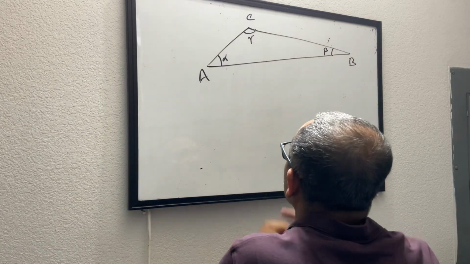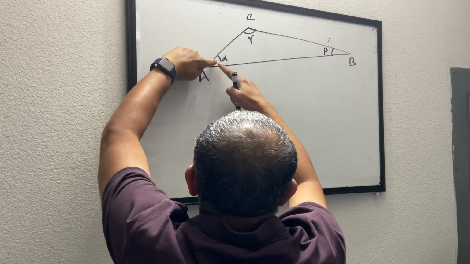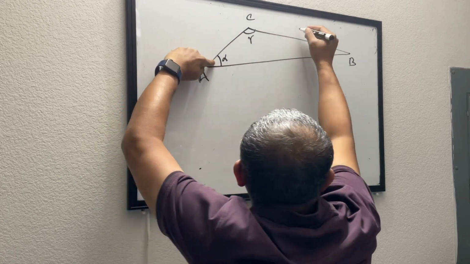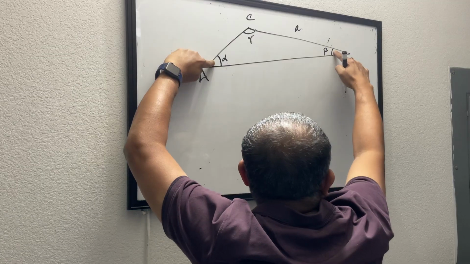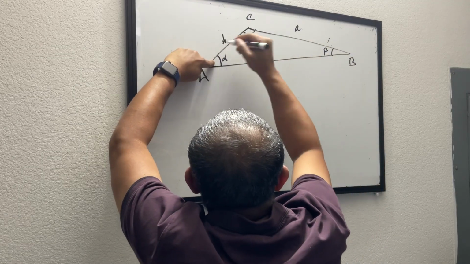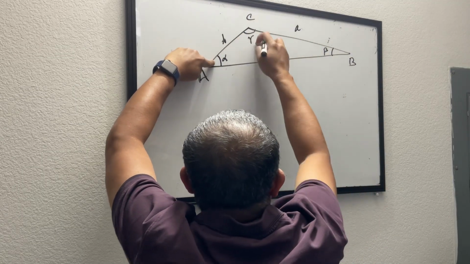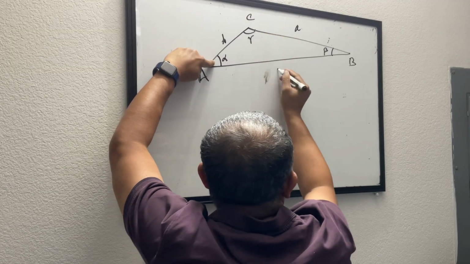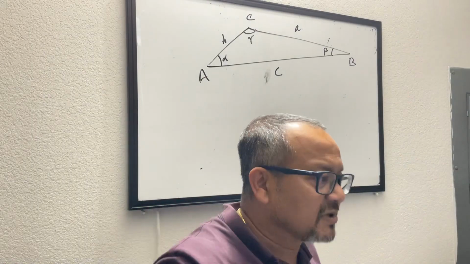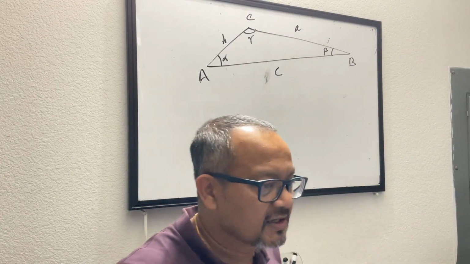Let's say the side opposite to alpha is length small a, the side opposite to beta is small b, and the side opposite to gamma is c. So far I'm just giving names to all the sides and angles.